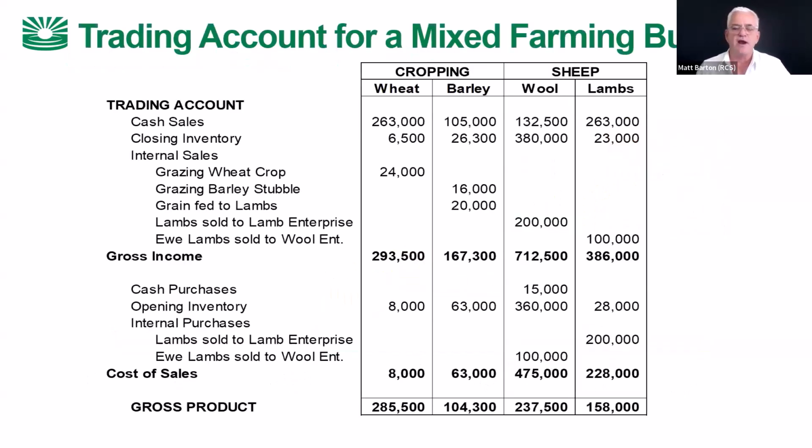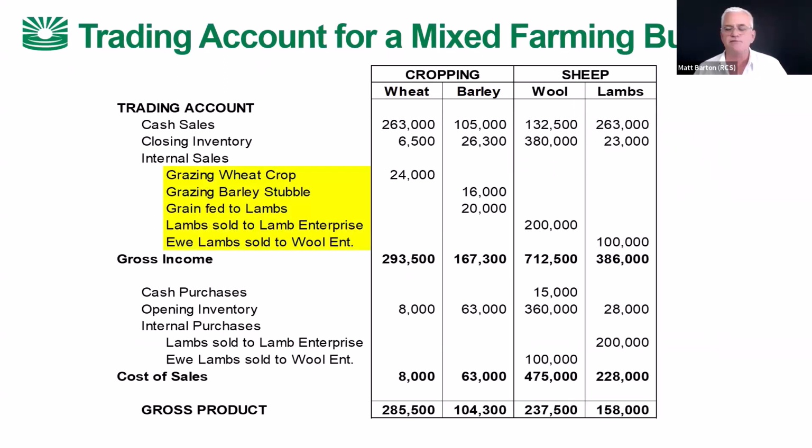Now, staying on the trading accounts, let's have a look at a trading account for a mixed farming business. And we've only got sheep and cropping. And you can see these are all the transfers, those ones that have been highlighted. We have $24,000 of the cropping income coming from the lambs, but it's a direct cost.